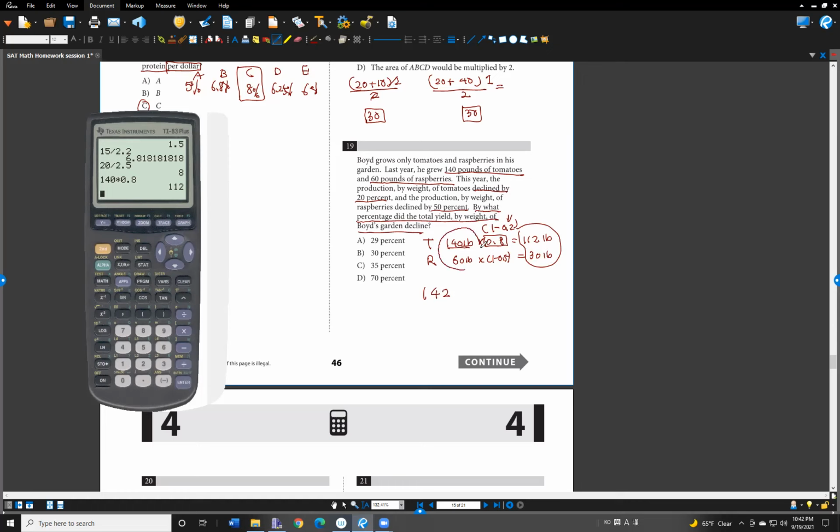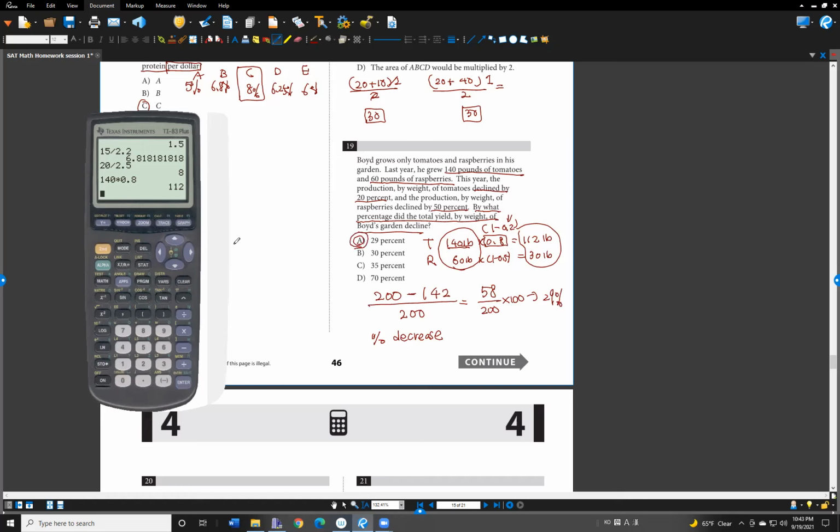Total number, how much? 200 minus 142, that is decline. Okay, their difference is decline over from where? From 200. This is actually percent decrease. Okay, so 58 over 200 times 100 gives us what? 29% is the answer, okay?